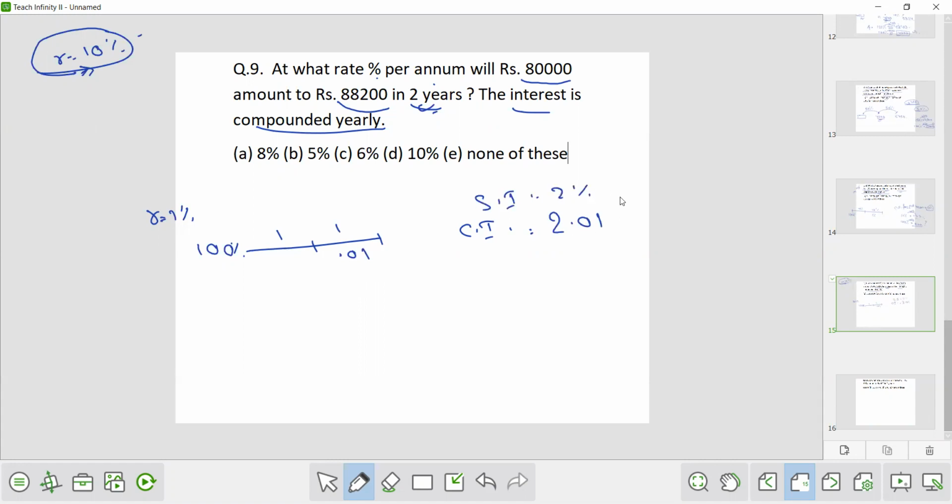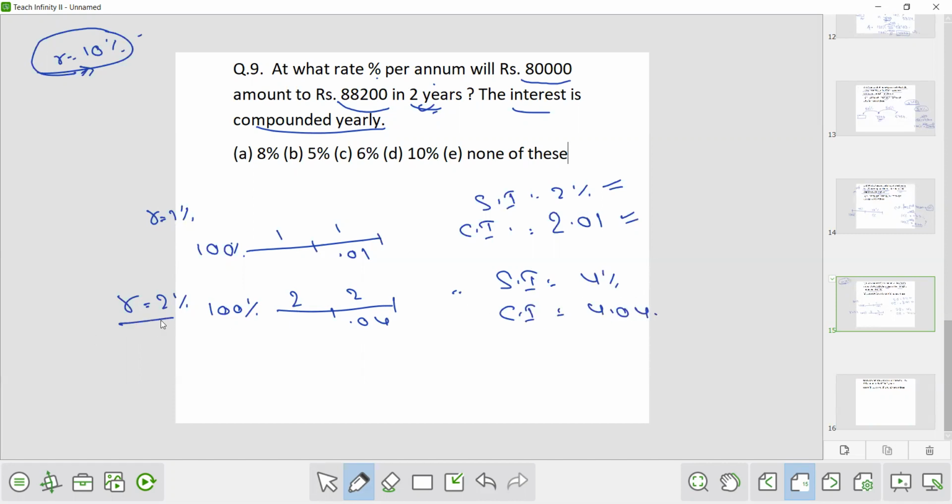Means simple interest is an even number and compound interest is just above that even number. Look here, if the rate is 2%, again at 100%, this becomes 2 and this is 0.04. So simple interest is 4%. Compound interest is 4.04.